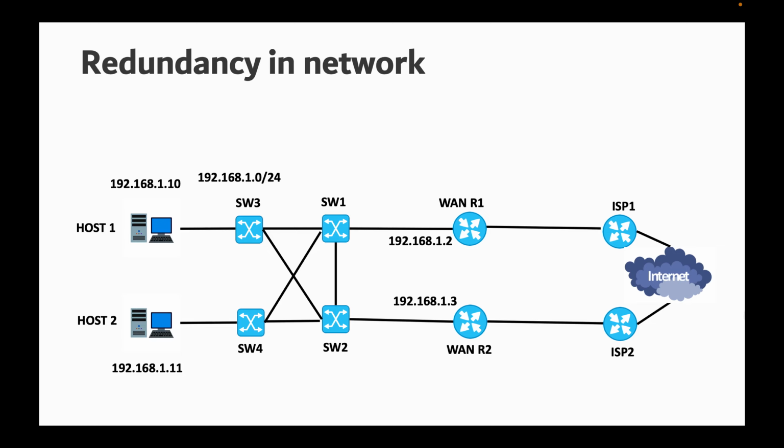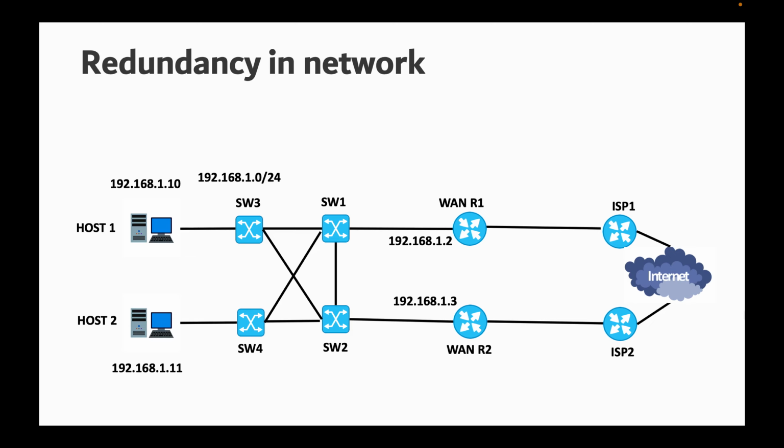Here we have a subnet of 192.168.1.0/24 with .10 and .11 assigned to the hosts, and the same subnet will have the link IPs 1.2 and 1.3 on R1 and R2.